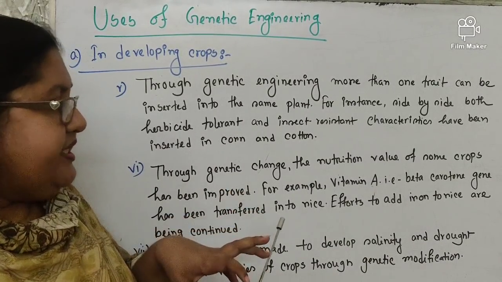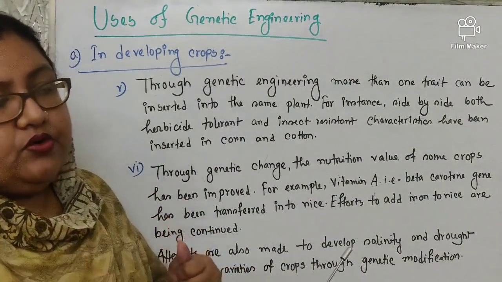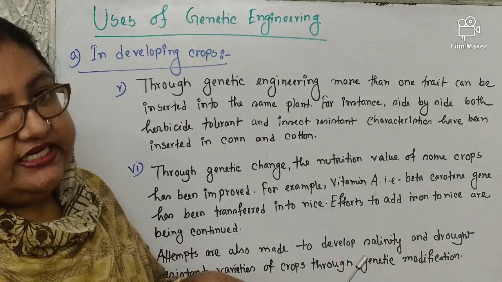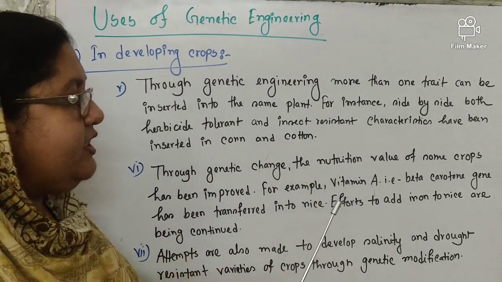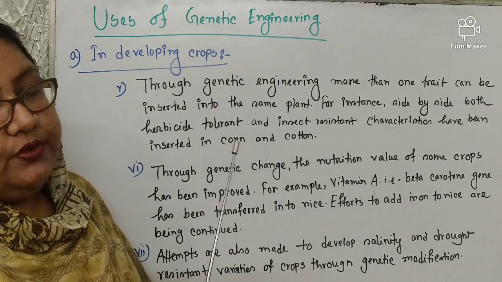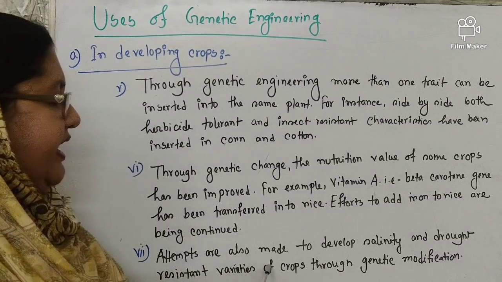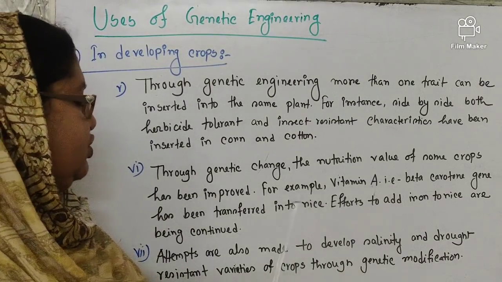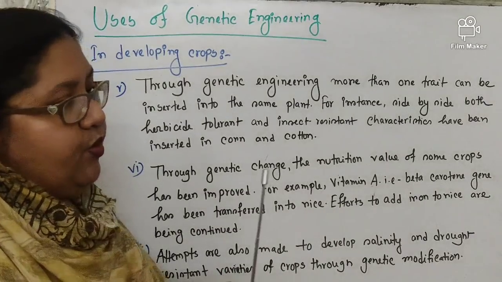That means the gene of beta carotene is already inserted in rice, and now scientists are trying to add iron to rice. Next, attempts are also made to develop salinity and drought resistant varieties of crops through genetic modification.